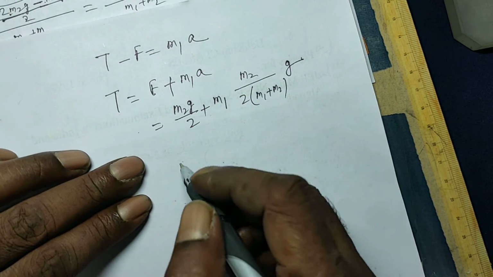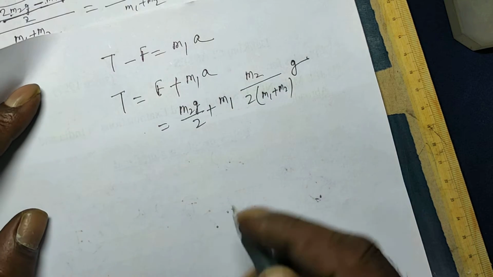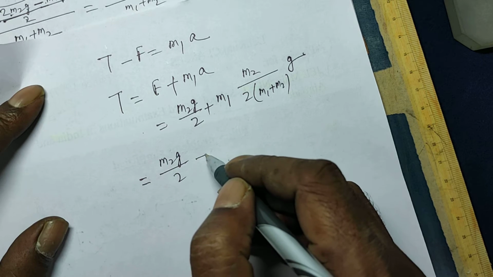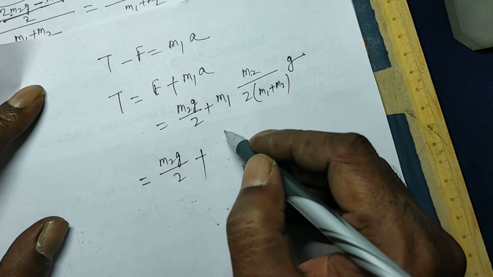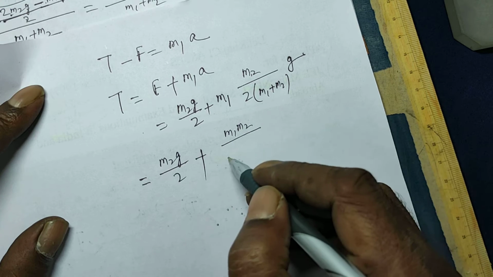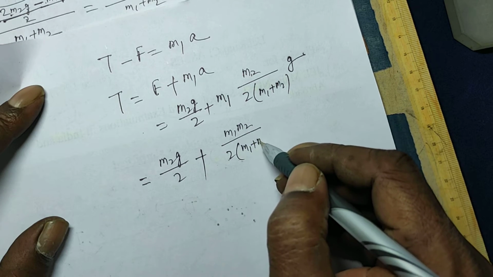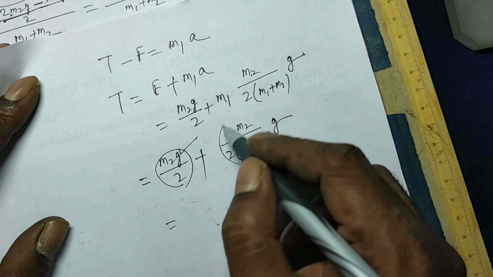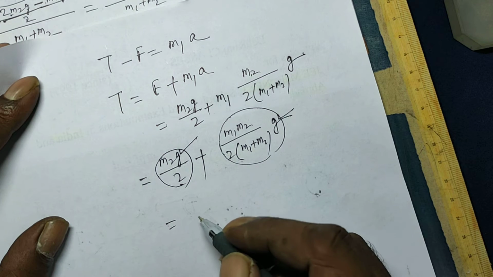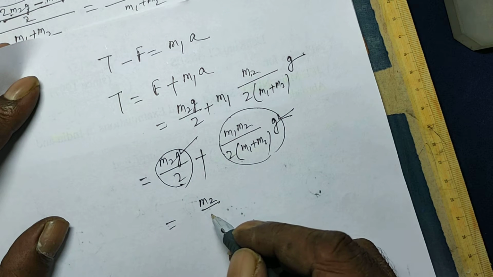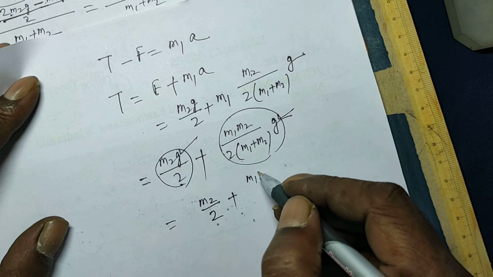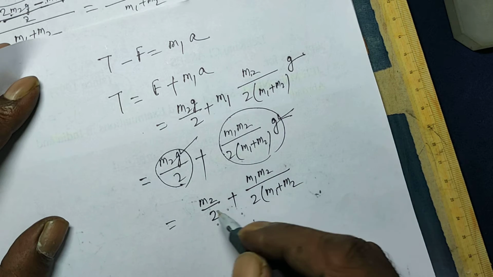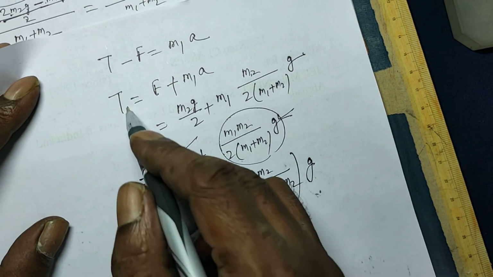Now you have to simplify this. So you need basic algebra only. So M2G over 2 plus M1 comes here, M1 M2 over 2 times M1 plus M2 times G. Look, there is a term G here, there is a term G here, both are added. So if you take G common, this is M2 over 2 plus M1 M2 over 2 times M1 plus M2, whole into G is your tension.